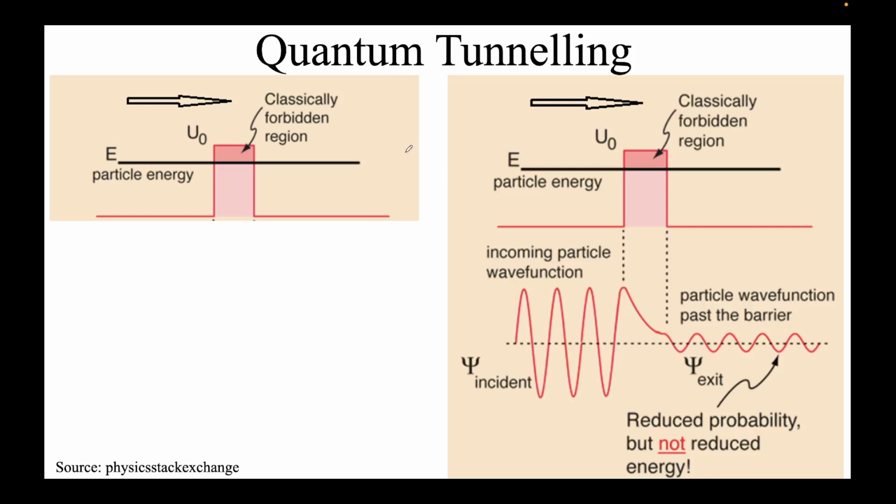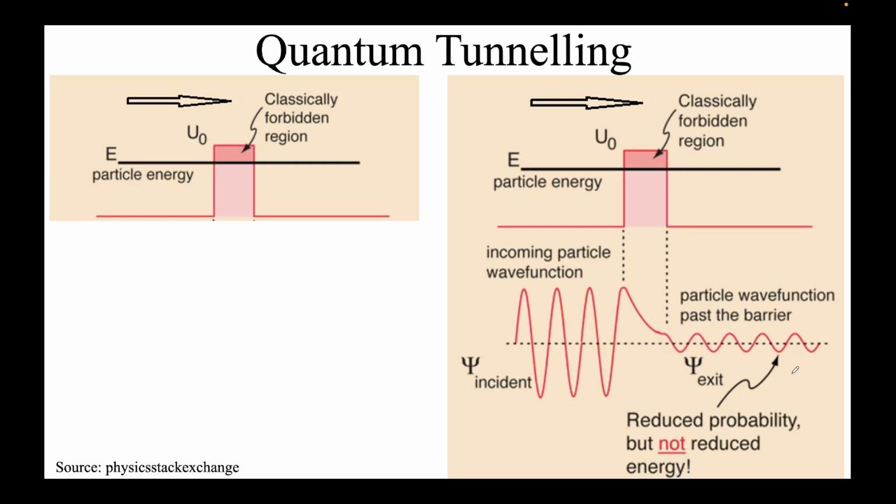That's not true in quantum mechanics. This is the incident wave, the incoming particle wave function on your left, right? It can tunnel through. Tunnel means, although classically it was prohibited and it cannot cross this, there is some probability. See, psi has been reduced, but there is still some psi present here.